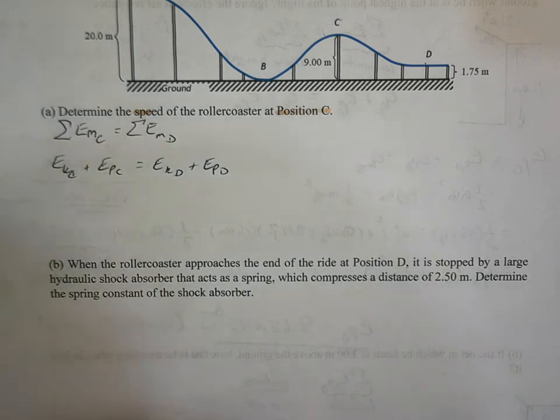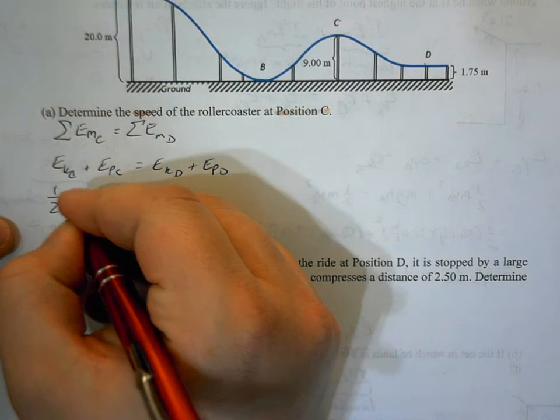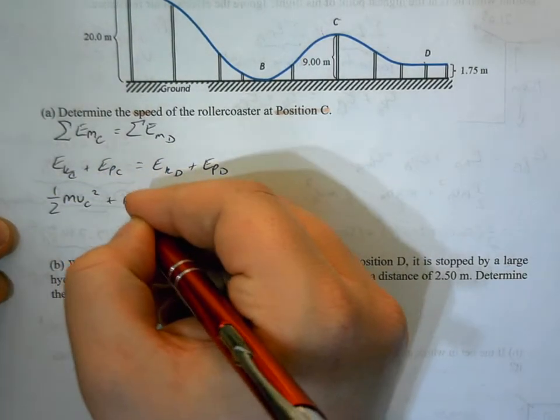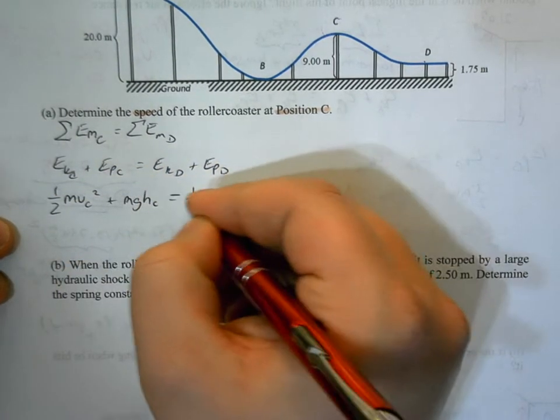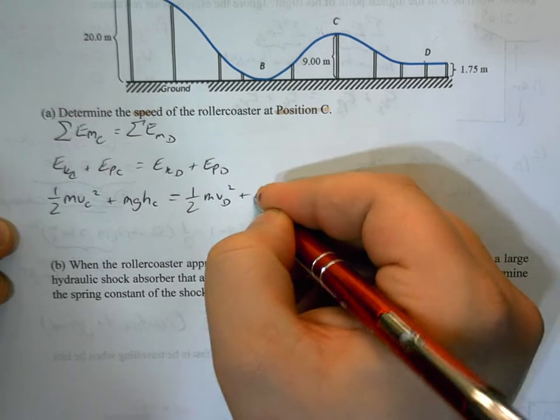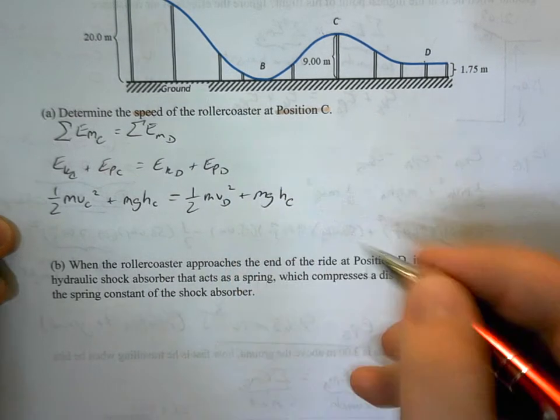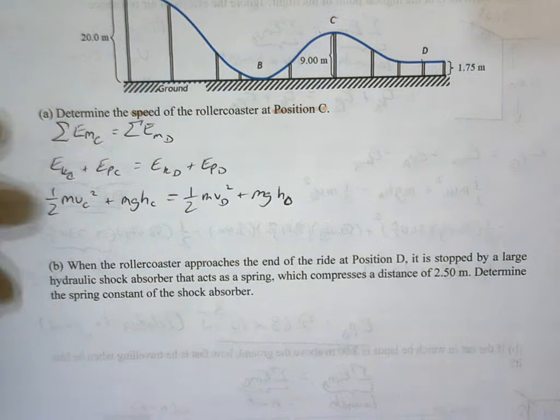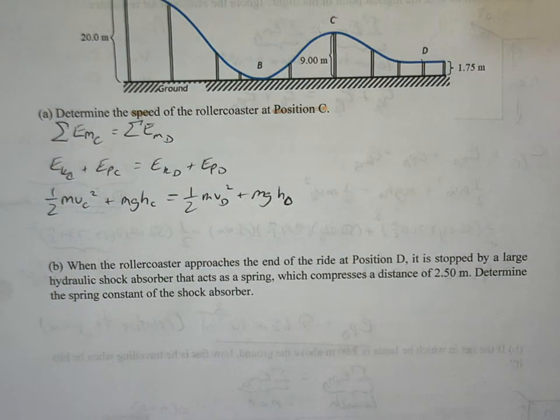Now, let's see what we got going on here. So we got half m vC squared plus m g hC equals 1/2 m vD squared plus m g hD. So we're just writing in our definitions for kinetic energy and potential energy. And this is the lovely thing about doing conservation of energy when there's no springs involved, nor any friction or losses.